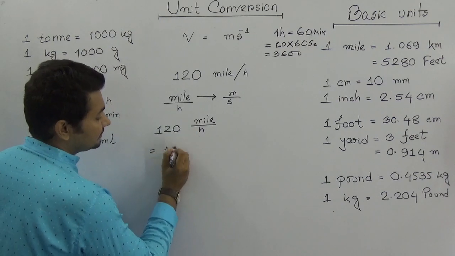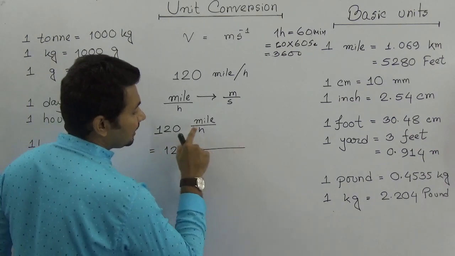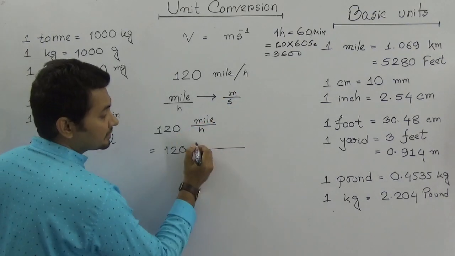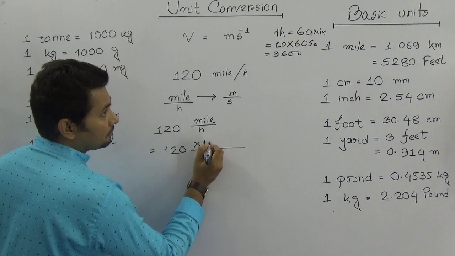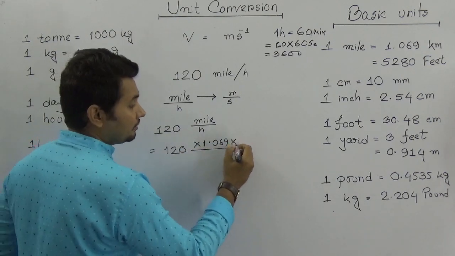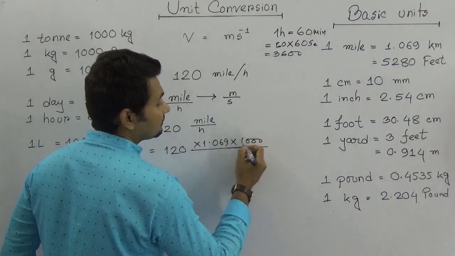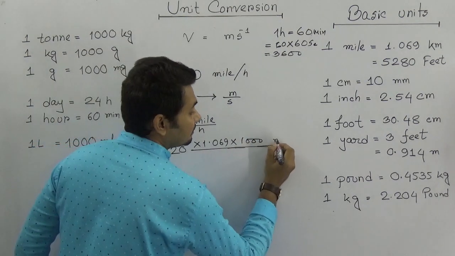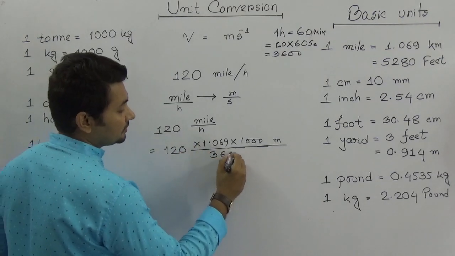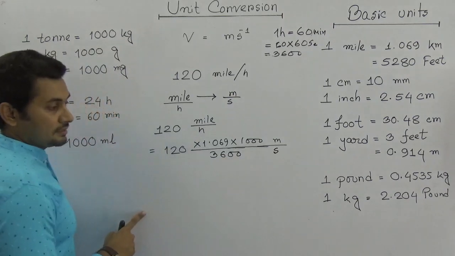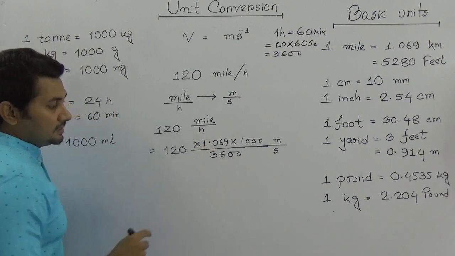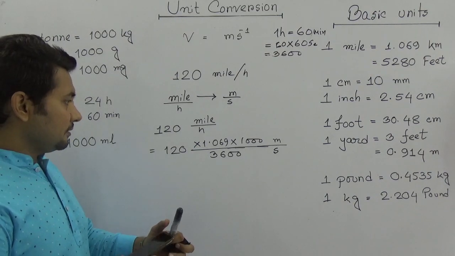I know that mile to kilometer is times 1.609, that is kilometer, and now times 1000, that gives meter, and this hour will be 3600 seconds.